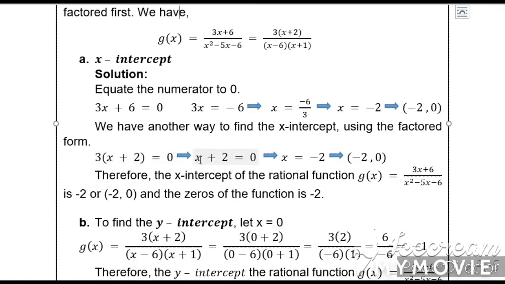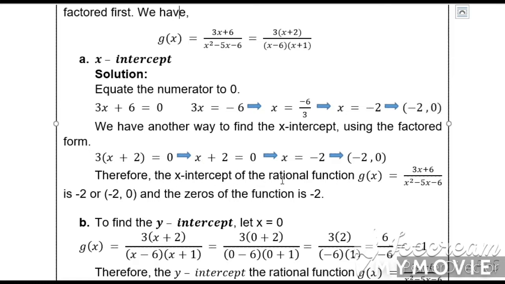Solving for x, this will become x plus 2 equals 0. So x is equal to negative 2, because when you divide both sides by 3, the 3 is eliminated, it becomes 1. So the remaining is x plus 2 equals 0. So x is negative 2, the ordered pair is negative 2, 0, the same with our first solution for finding the x-intercept.